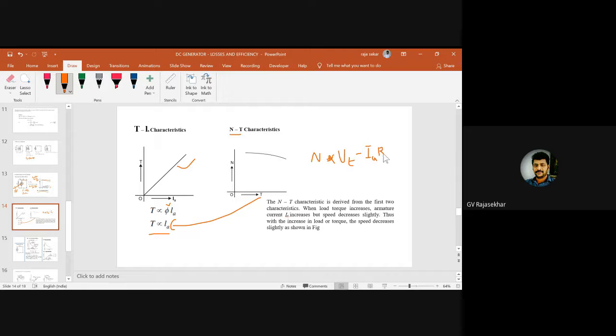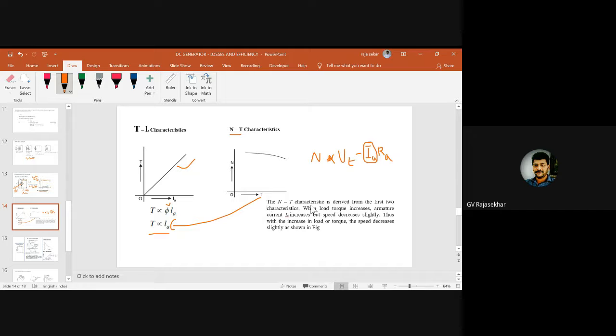Since torque is proportional to IA, I can write torque here. So when torque is increasing, speed reduces. In order to increase the torque, you have to increase the current IA. So when torque is increasing, the speed decreases. This is the characteristics between speed and torque.